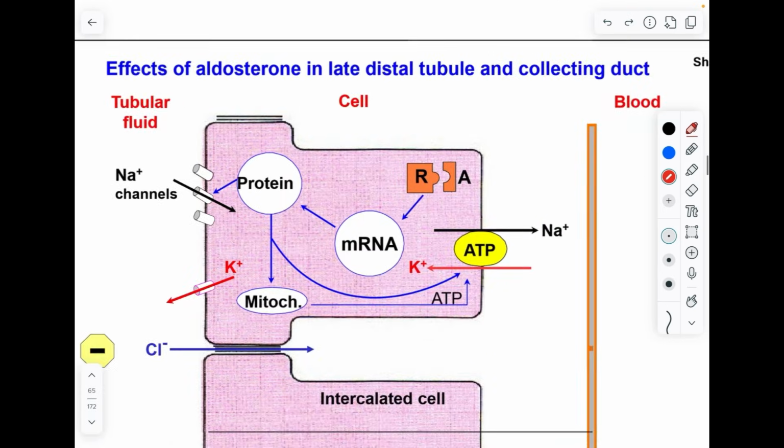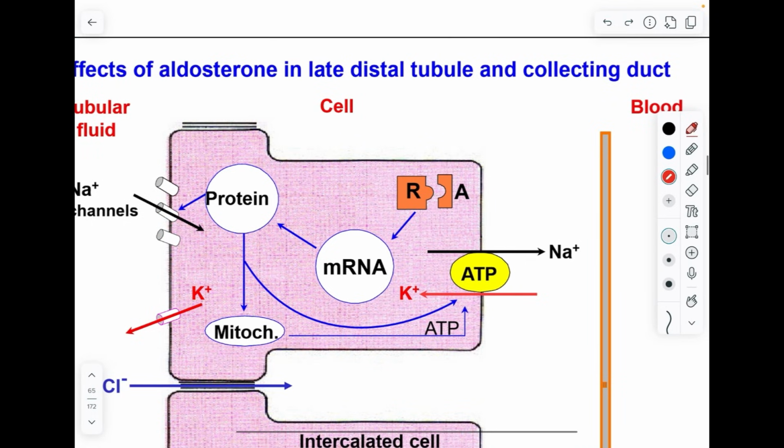So aldosterone, what does aldosterone do? Aldosterone is a steroid hormone, so it can dissolve into the cell membrane. So it will pass the cell membrane and go to its receptor inside the cell. Now aldosterone does 4 main things.